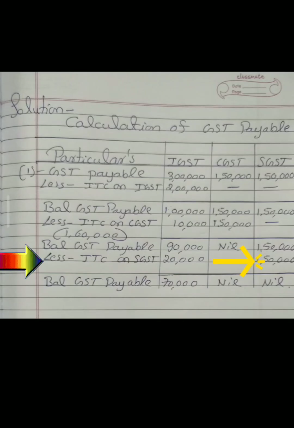Remaining 20,000 we can utilize against the IGST only. Then the final balance GST payable, in case of IGST 70,000, in case of CGST and SGST nil. So this is the way to solve ITC availability problems.